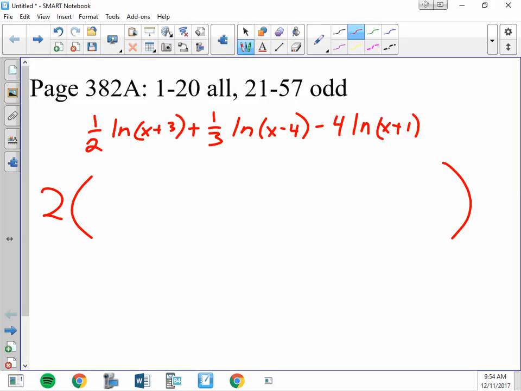So on number 33, does the numerator factor? Yes. Well, let's do 33, and then 35 will make more sense. So 33, does the numerator factor into what?